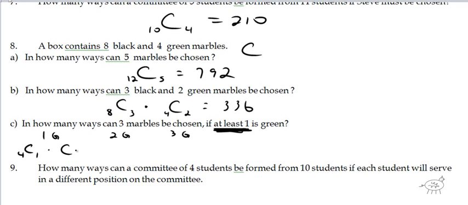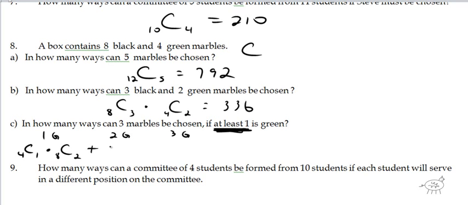And then there are 8 black marbles, and I'm picking 2 because I'm picking 3 marbles total. So again, the number on the left, it's 4 and 8. That's the number I'm picking from, right? 4 green, 8 black, and then the number on the right is the number I'm actually choosing. I'm picking 1 green one and 2 black ones. So it's multiplied, because it's that and that.